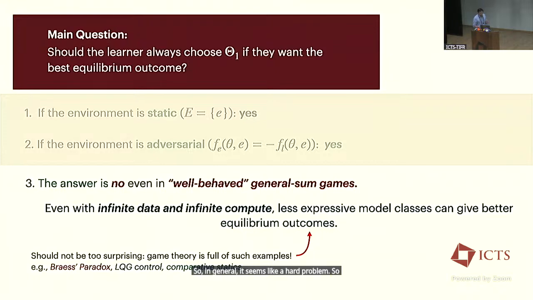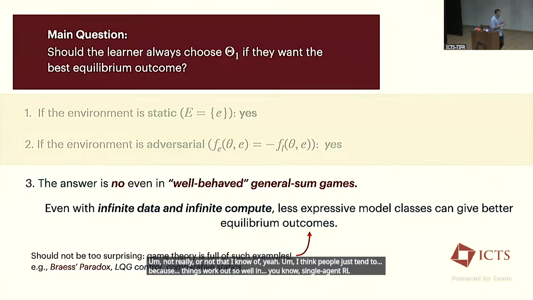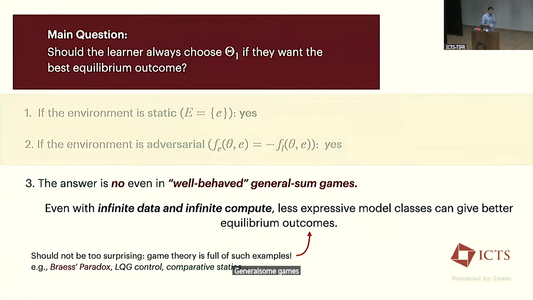So are there general sum dynamics where it is understood? Not really, or not that I know of. I think people just tend to, because things work out so well in single agent RL and min-max optimization and zero sum games, blindly assume the same thing happens. But this seems like a very general problem, right? It's not just about general sum games. This should be true in different contexts as well.